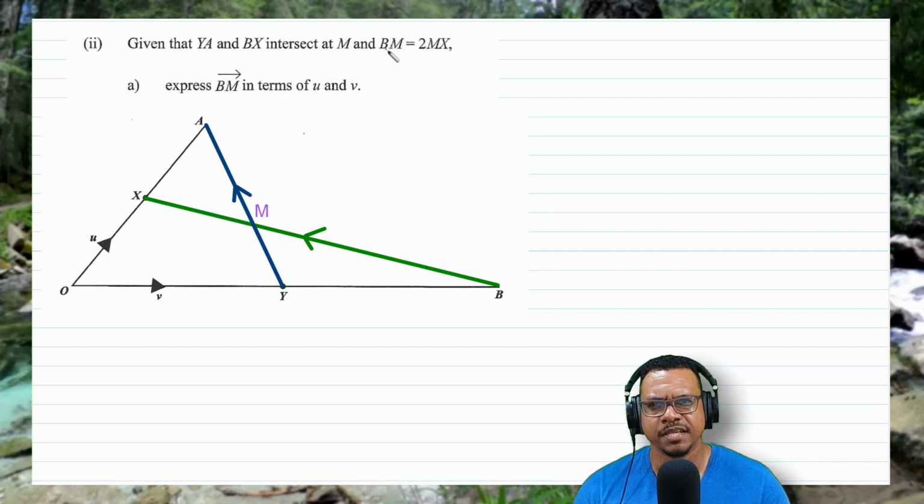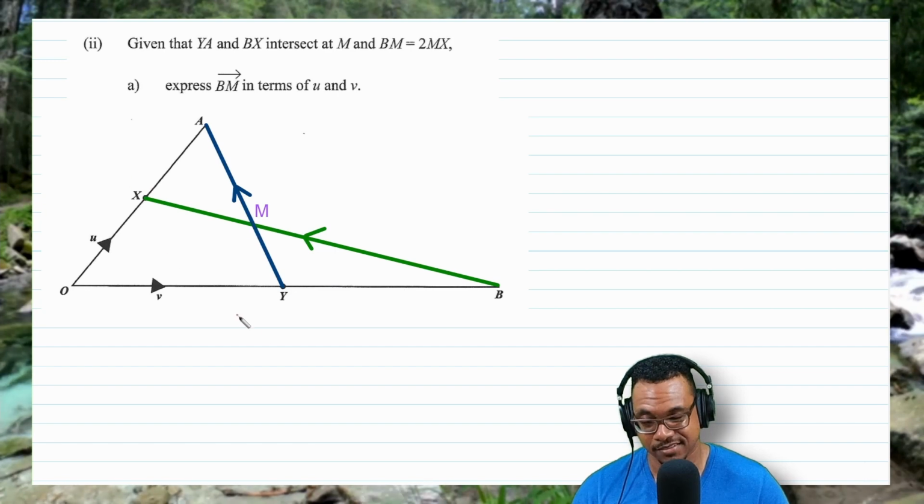And now we're saying that B to M is equal to 2 times M to X. So B to M, this point here, is equal to 2 times M to X. This is like a ratio. We can see that B to M is longer, so it is twice the length of M to X. If this is 1 part, then this here is 2 parts. So if here's 2 parts and here's 1 part, we have 3 parts in total.